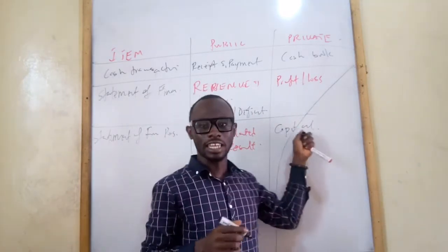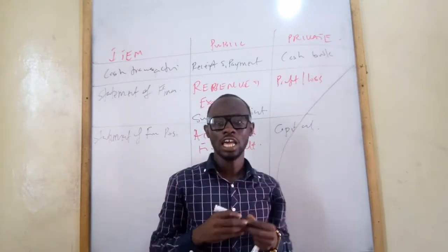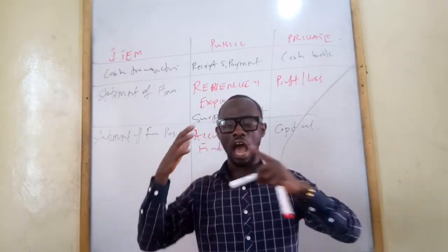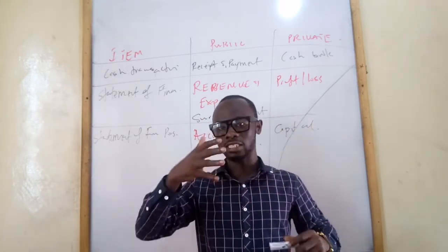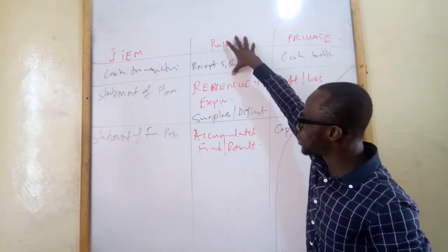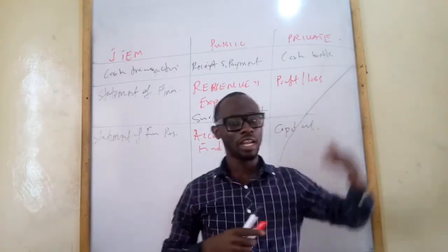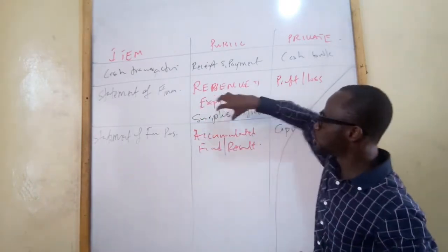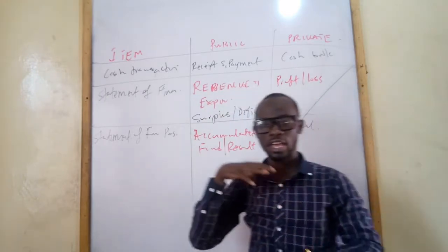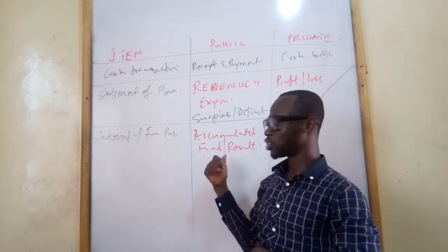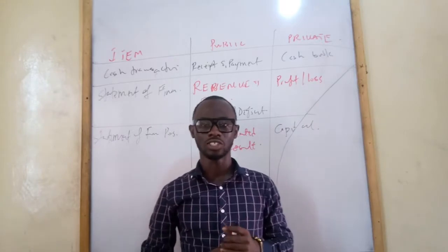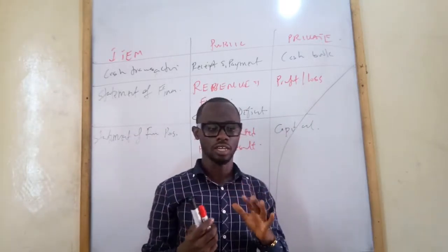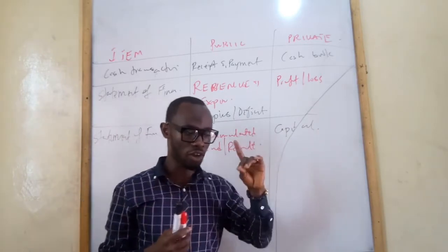In getting the capital for the private sector, you're going to bring the stated capital, your retained earnings, then you add your profit to the retained earnings that was already there. But in the public sector, you're going to bring your accumulated results or accumulated fund from the beginning, then you add any surplus or deficit from the revenue and expenditure account to it, and that will give you the accumulated surplus or the accumulated fund or results for the year ended. So take note of that very well.